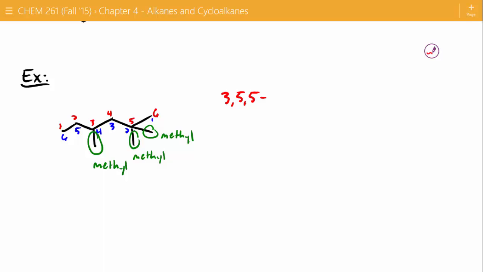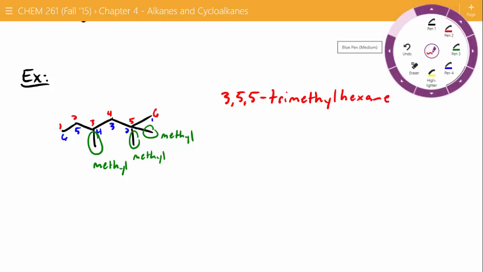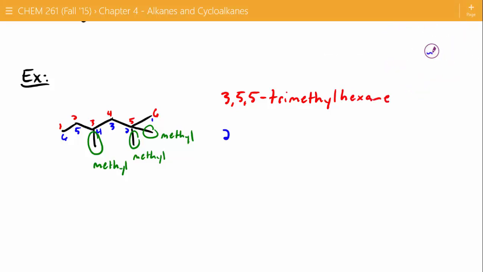And then what would the rest be? Yeah, trimethylhexane. Or, if we go with the blue system, we would say, all right, this would be 2, 2, 4 trimethylhexane.